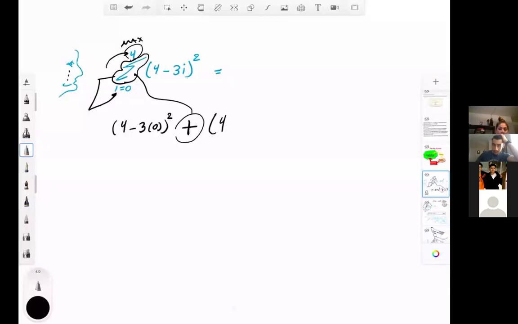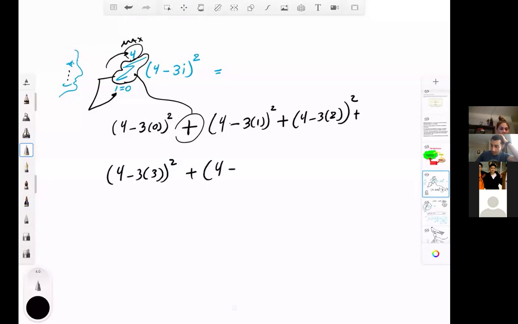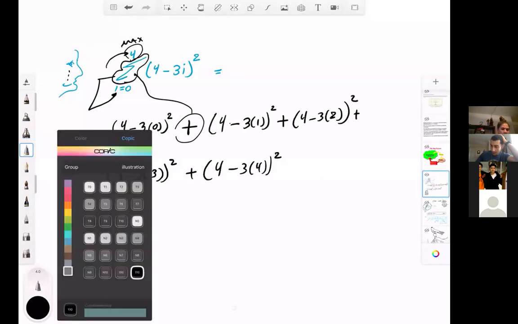Then we have (4 minus 3 times 1) squared plus (4 minus 3 times 2) squared plus (4 minus 3 times 3) squared plus (4 minus 3 times 4) squared. So we stop. Why did I stop here?